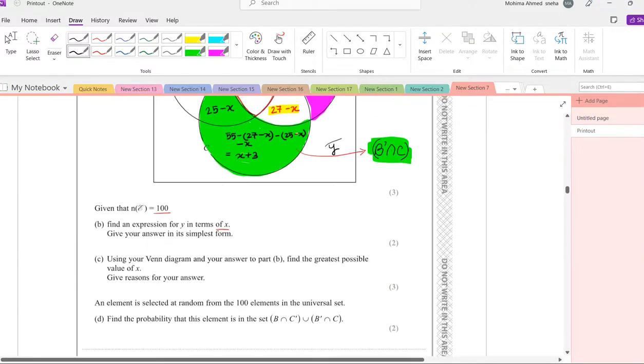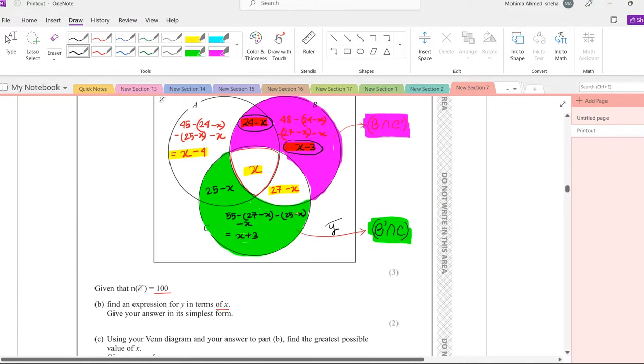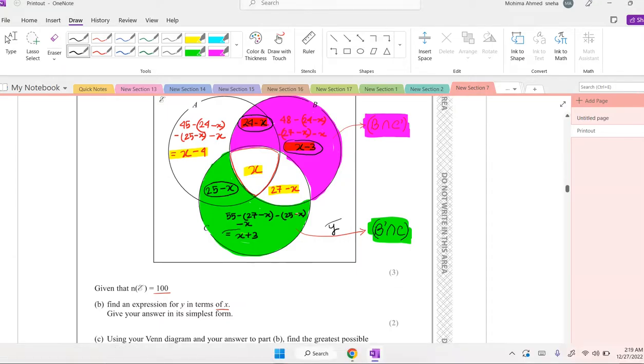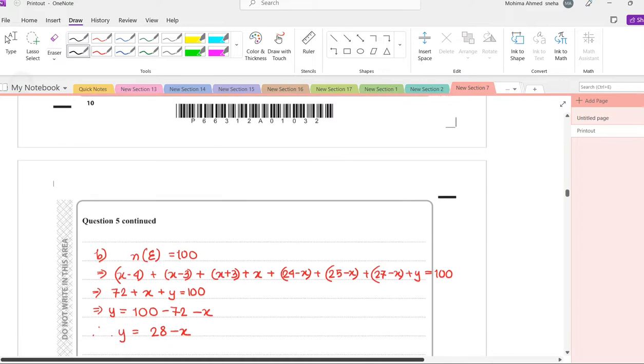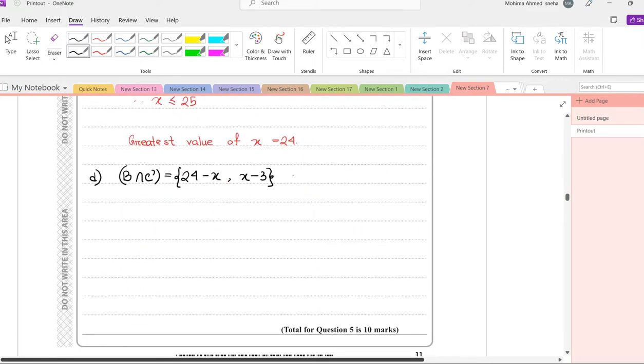And the value for B prime intersect C has 25 minus x and x plus 3. So we are going to again move down to the lower part, and we have found the value for B prime intersect C is 25 minus x and x plus 3. So these are the elements under the set B intersect C prime and B prime intersect C.